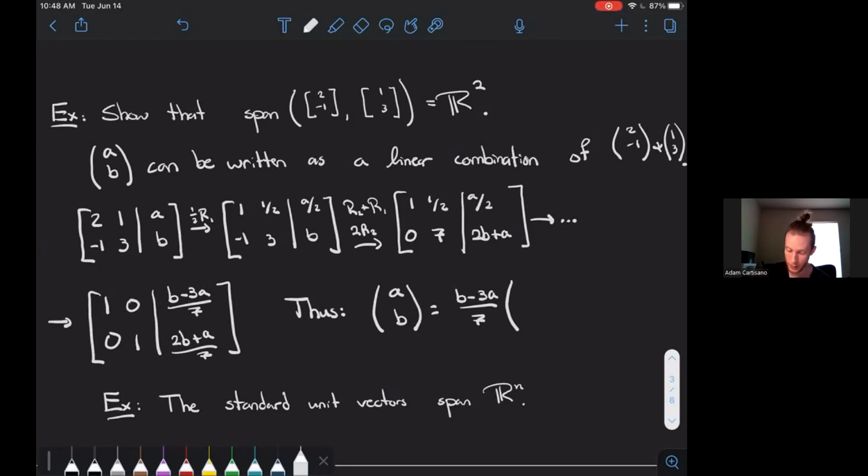So it'll be that number times the first vector, 2, -1, plus the other number, 2B plus A over 7, times the second vector, 1, 3. You can verify that the B's will cancel in the first row, and the A's will cancel in the second row.